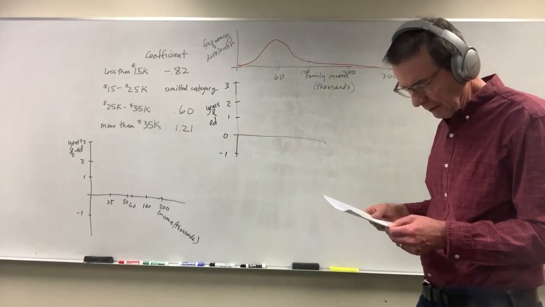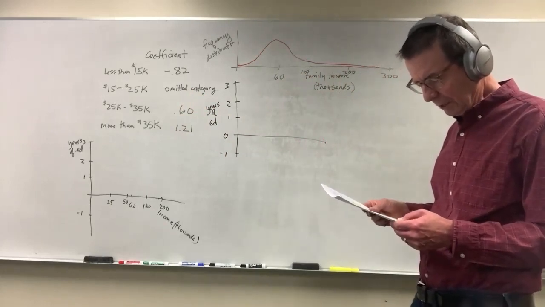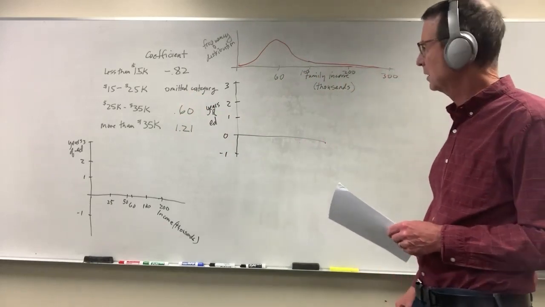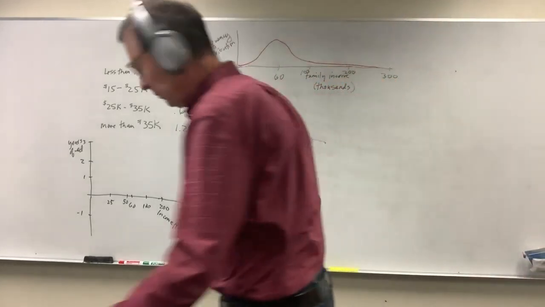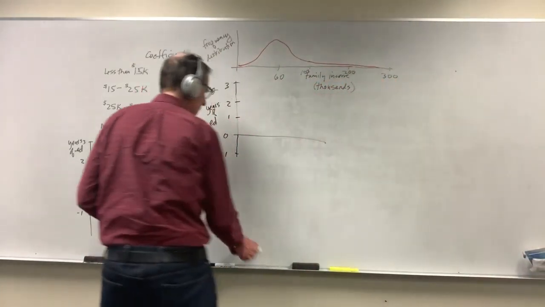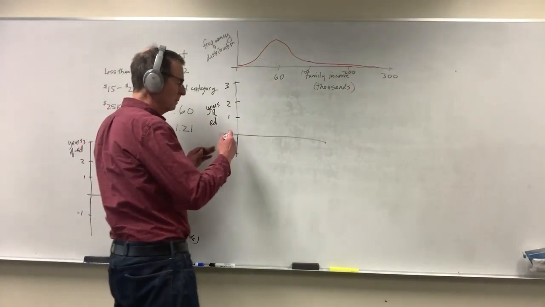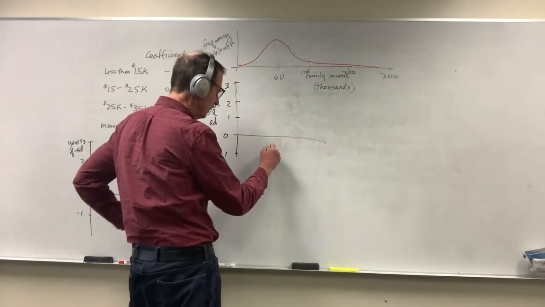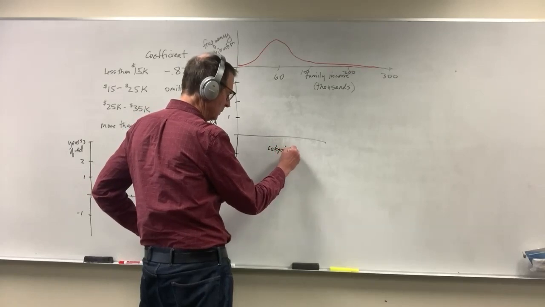Second part is to describe the relationship. So people struggled with this. What we know is that if instead of having a continuous income scale, we just have categories, right?